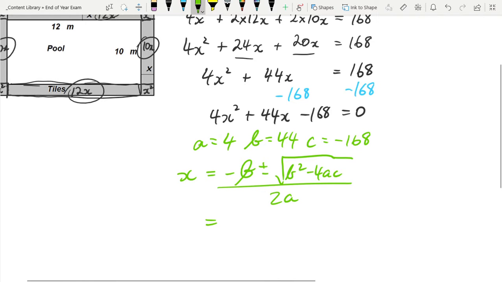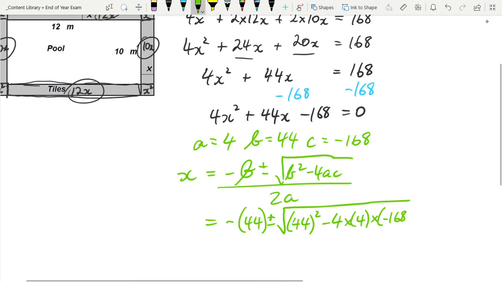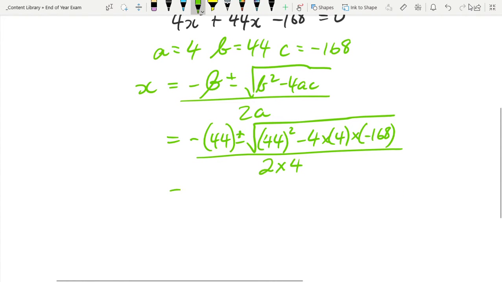Now if we substitute those values in, we have negative 44 plus or minus the square root of 44 squared minus 4 times a, which is 4, times c, which is negative 168, all over 2 lots of a, which is 4. When you enter that in the calculator, you'll get 2 answers.